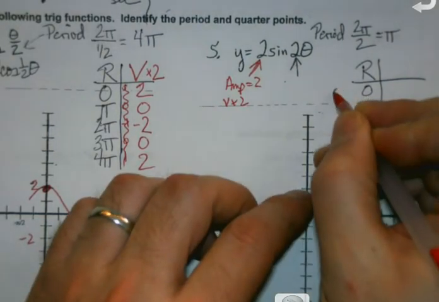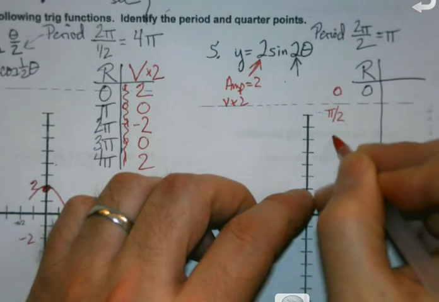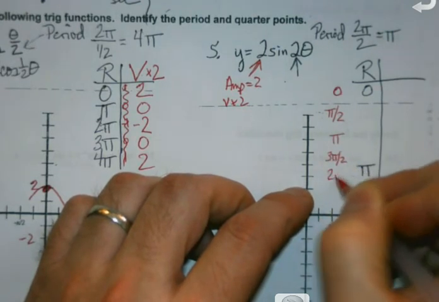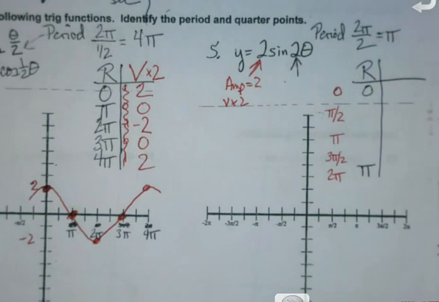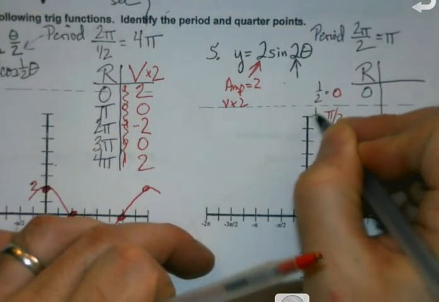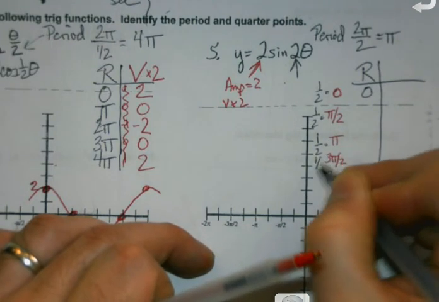So for instance, my base normally would look like this. So what would I do? Well, since I'm dividing by 2, that would be the same as me going through here and multiplying all of these by a half.